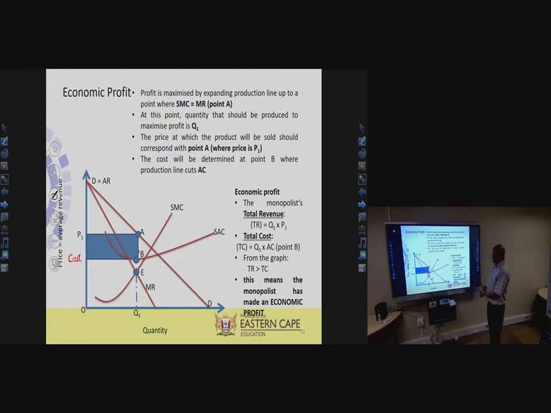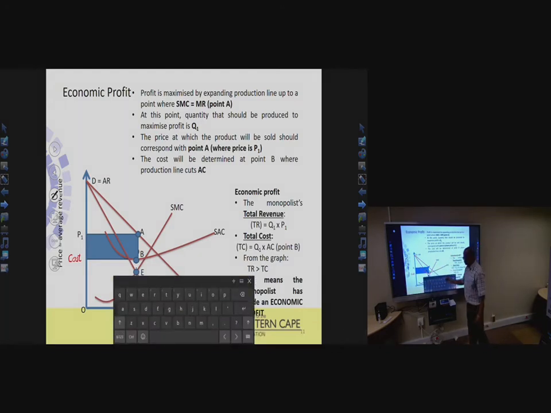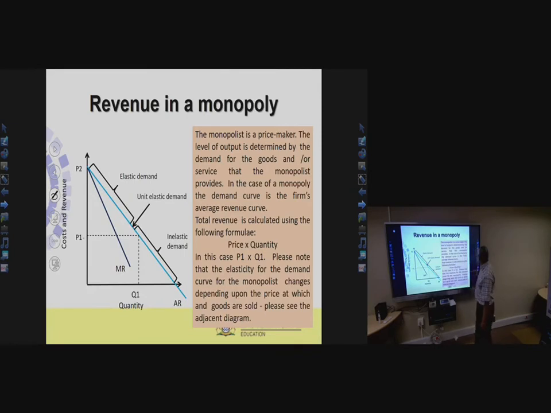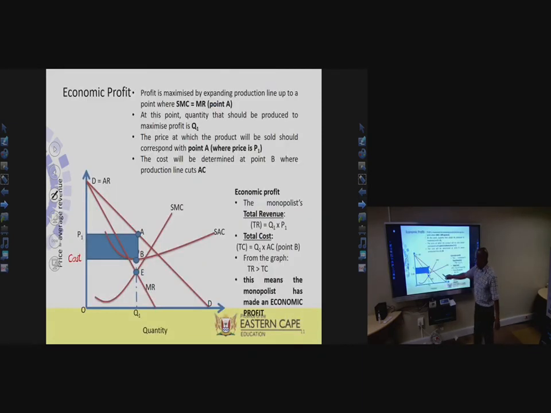From the previous lesson, when we were discussing perfect competition, we always know that MC cuts AC at its minimum point. There is MC, and then is your AC.